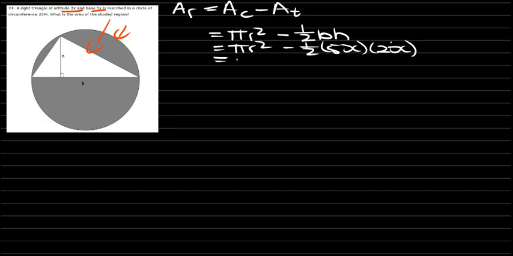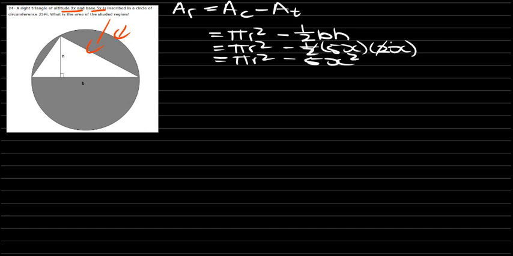If we simplify, the half and the 2 cancel, and we're left with 5x squared.